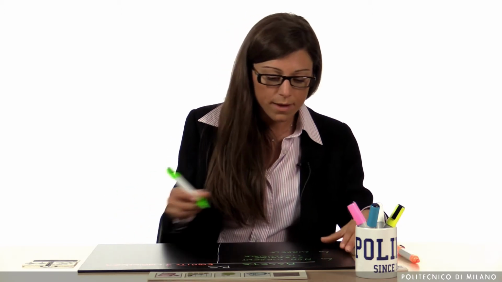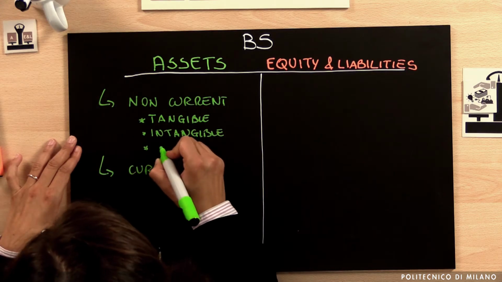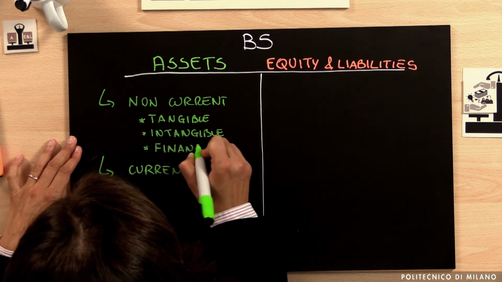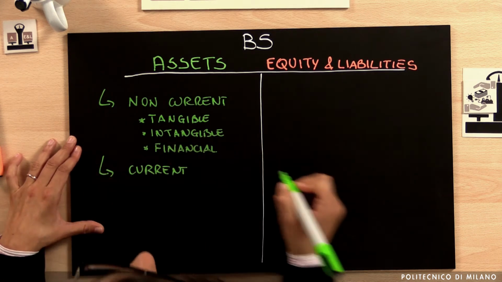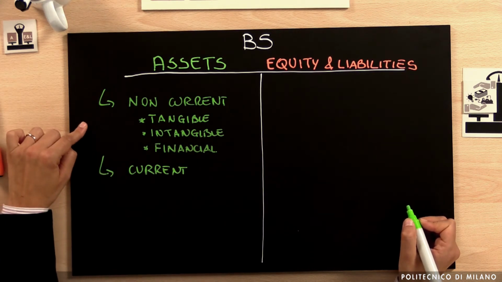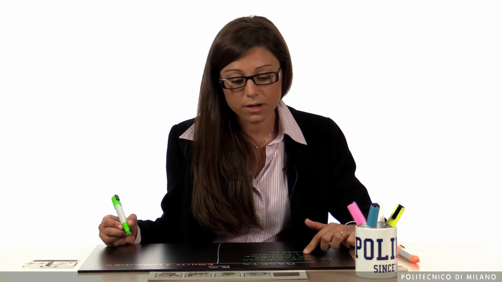And finally, we have a third category of non-current assets, which is represented by financial resources. In this case, we are talking about money that is available for the company for the long term. Usually, these financial resources are represented by equity investments of the company in subsidiaries, joint ventures, and associates.